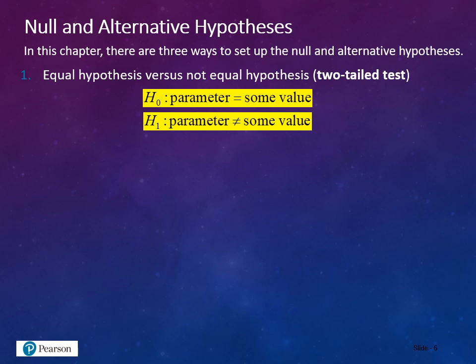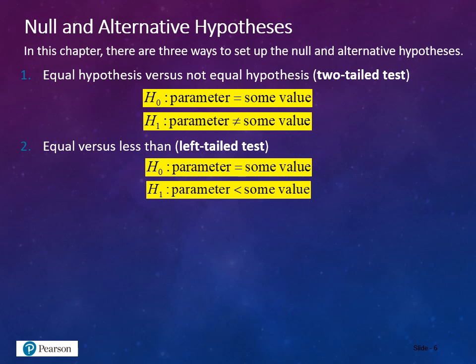So for example, we might say the average income of adult Americans is $65,000, okay? Then the alternative hypothesis would be the average income of adult Americans is not $65,000, okay? This is called a two-tailed test because we're using not equal.